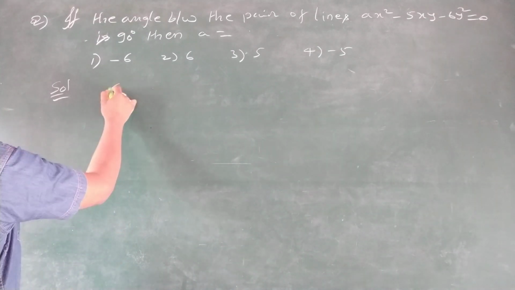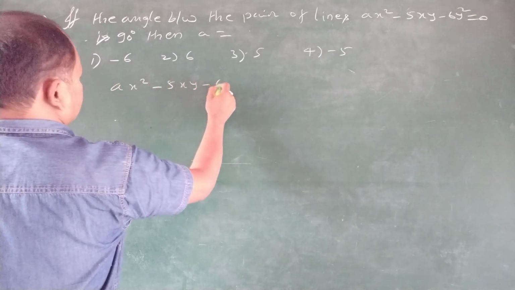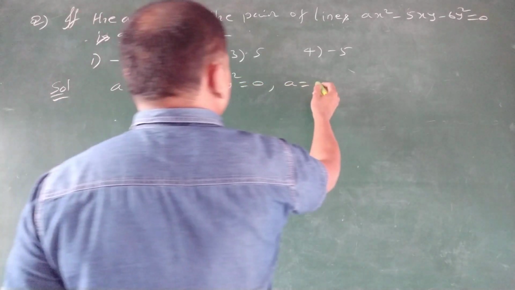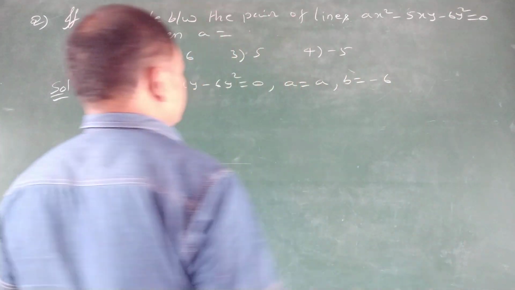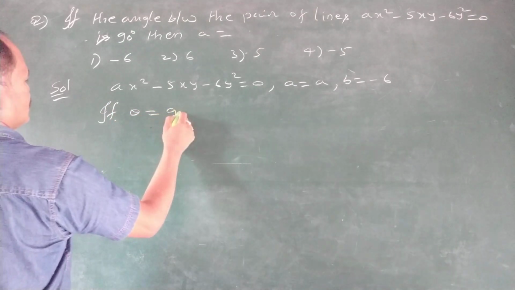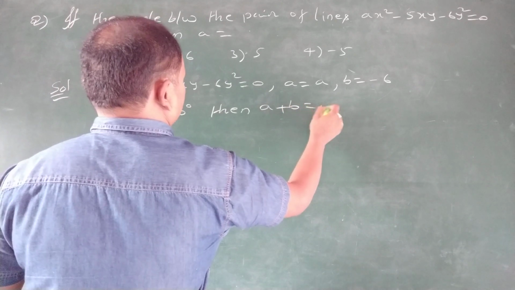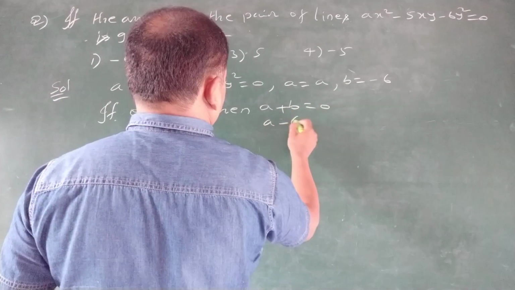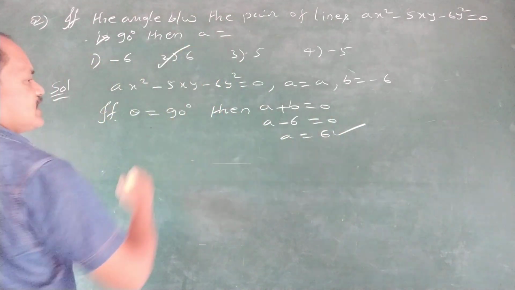In the given equation ax square minus 5xy minus 6y square is equal to 0, a is equal to a and b is equal to minus 6. If theta is equal to 90 degrees, then a plus b is equal to 0. Then what is a? a plus b is minus 6, that's why a is equal to 6. That's why the second option is correct.